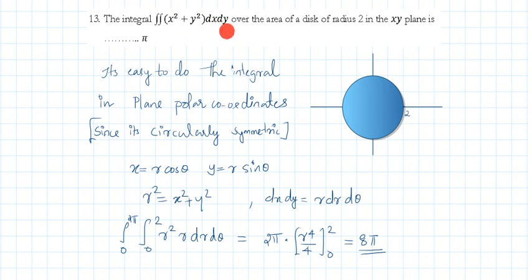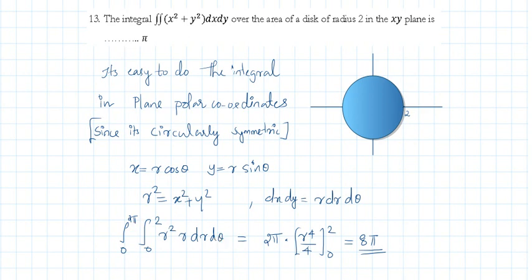And the area element dx dy in Cartesian, you can convert to polar, and in polar coordinates the area element is r dr d theta. The integration should be over the entire area of the circle. So r will change from 0 to 2, since it is a circle of radius 2. And theta, in order to cover the entire circle, should vary from 0 to 2 pi.